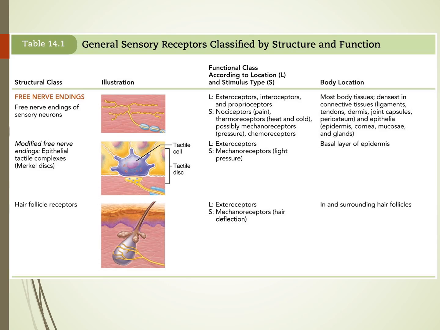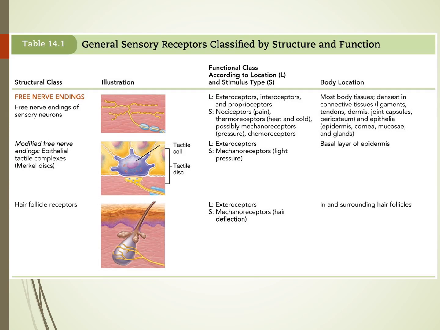So I think this table is pretty good in terms of summing up all of our free nerve endings for our sensory receptors. The first category are just those free nerve endings. It shows where they're located and what type of stimulus they can pick up on. Those are the classic free nerve endings.